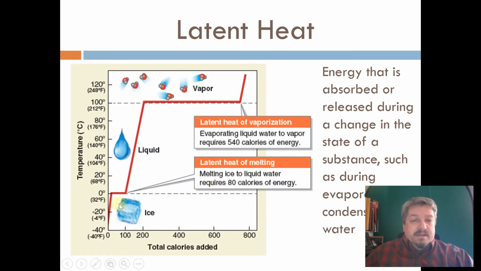calories. Conversely, if you're going the opposite way, if you want to turn water vapor into liquid, you need to lower the temperature or remove the energy somehow. And to go from a gaseous to a liquid state, you need to remove 540 calories or pull that heat out somehow. And same thing with water.